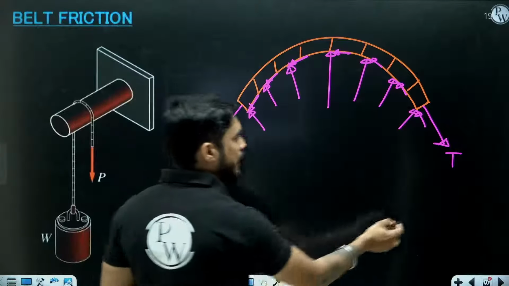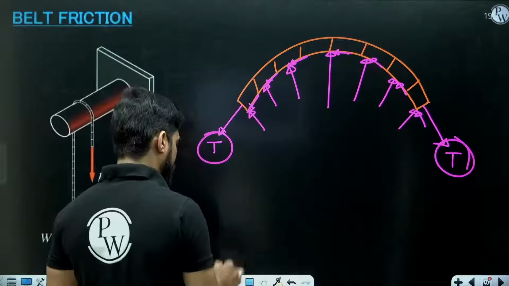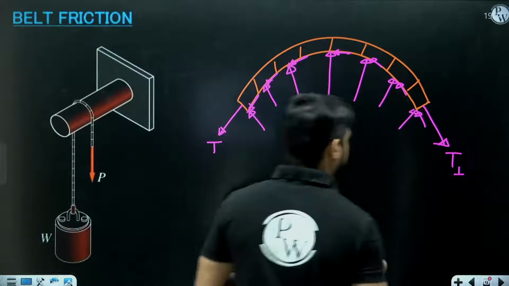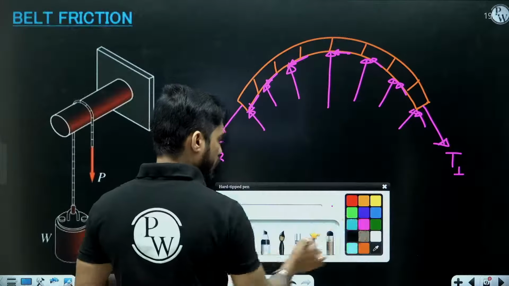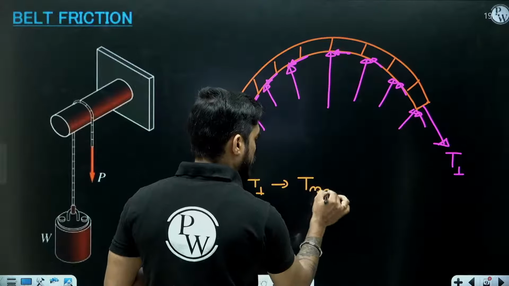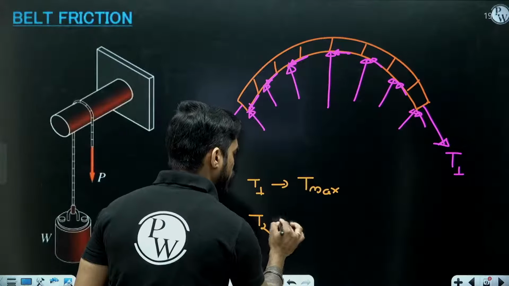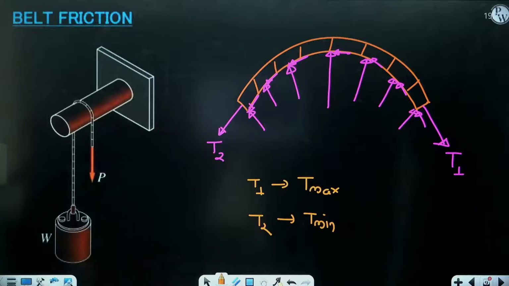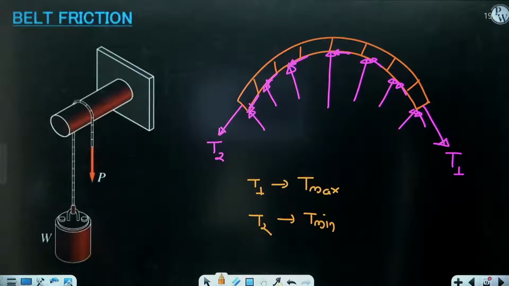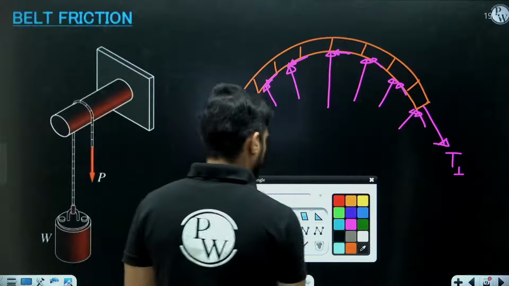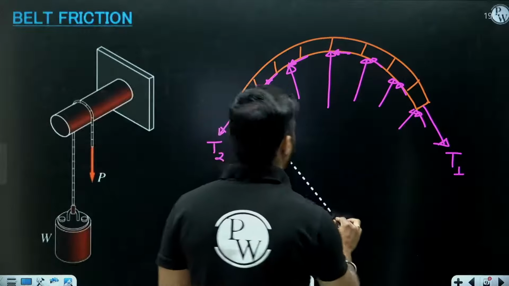In order to balance this, this tension must be greater than this tension. So let's say this is T1 and this is T2. T1 is the maximum tension and T2 is the minimum tension. And there is a relation between this T1 and T2.